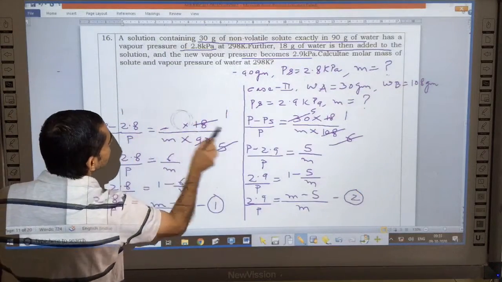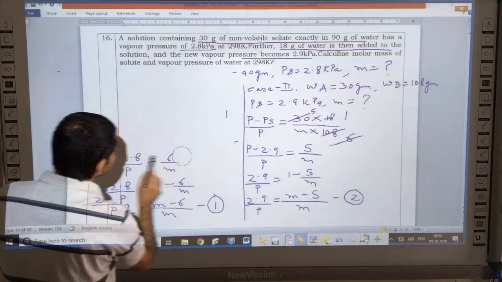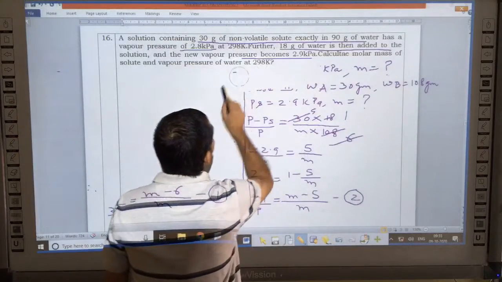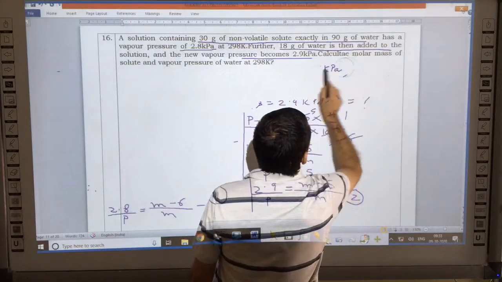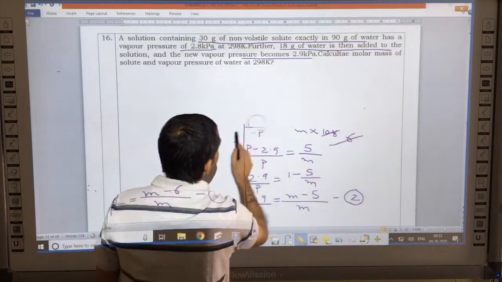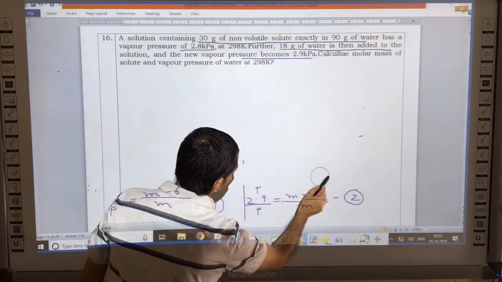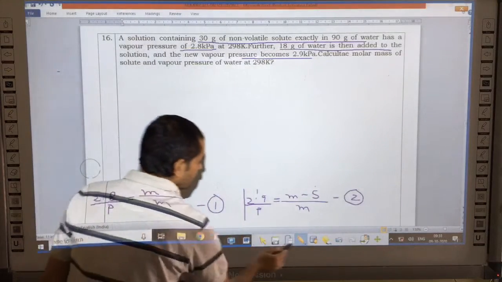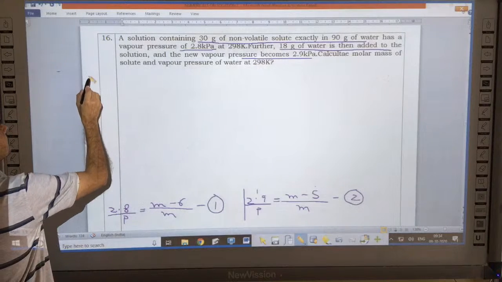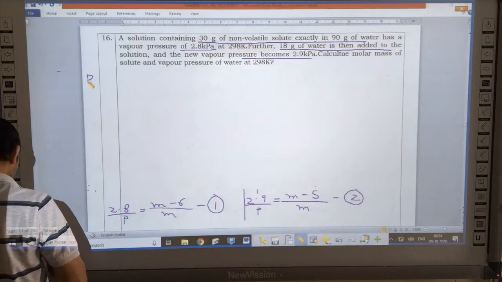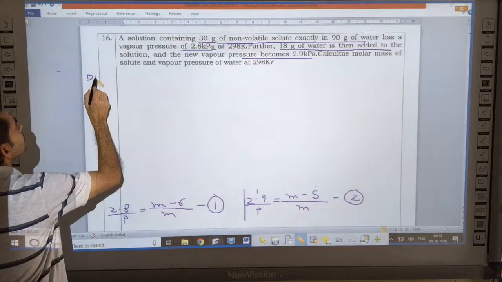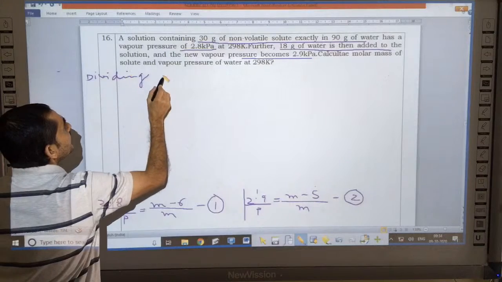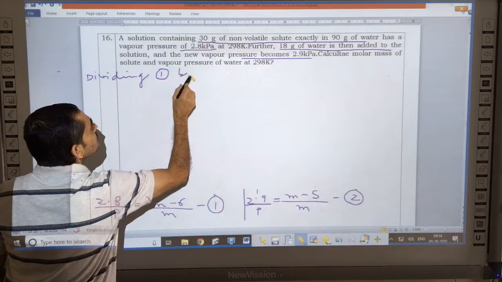Let us see this. Dividing, you divide equation 1 by 2.